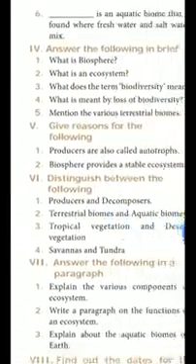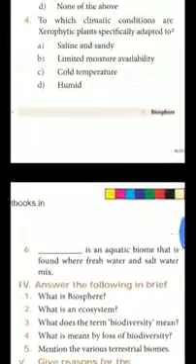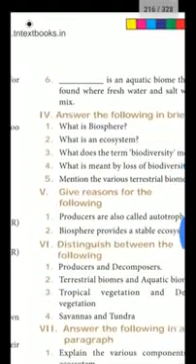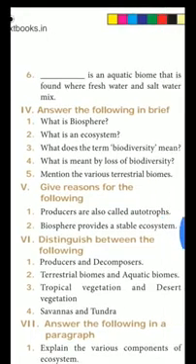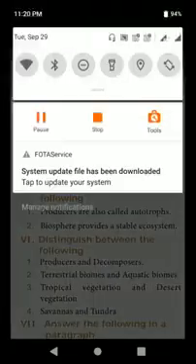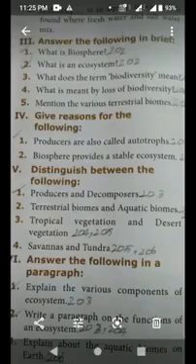Page number 208. Answer the following in brief. Yes, Roman number three, question number 1. Answer the following in brief.